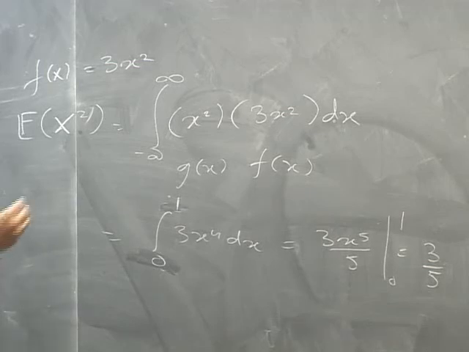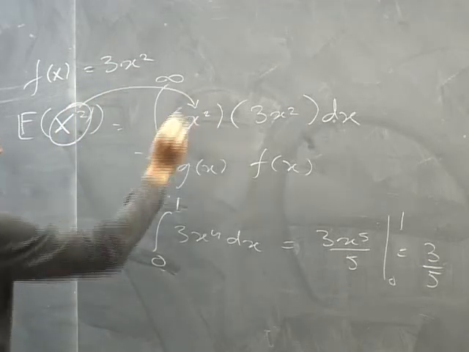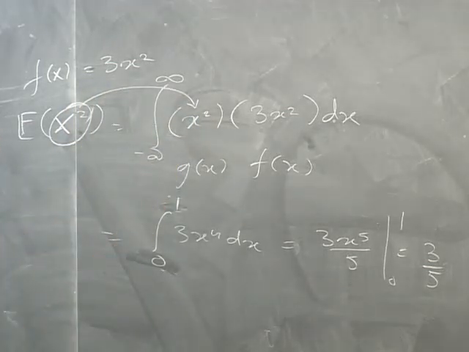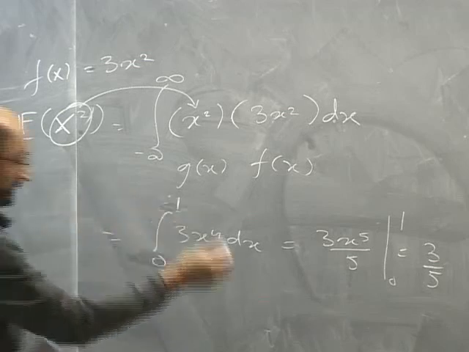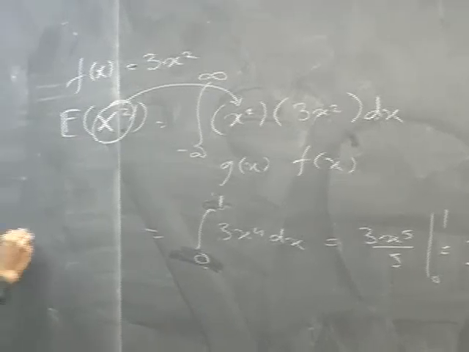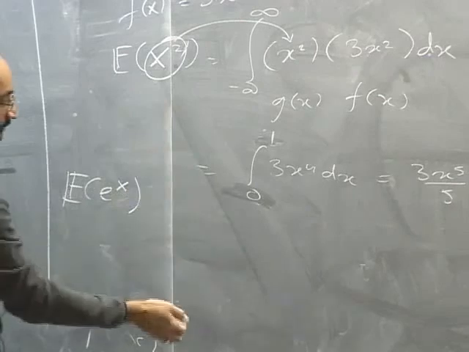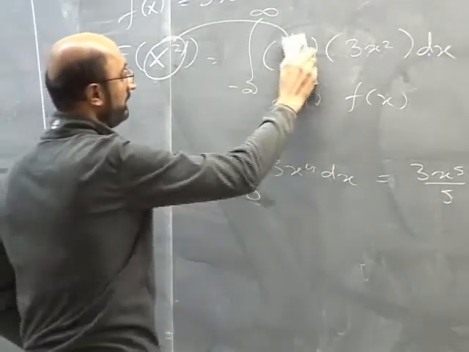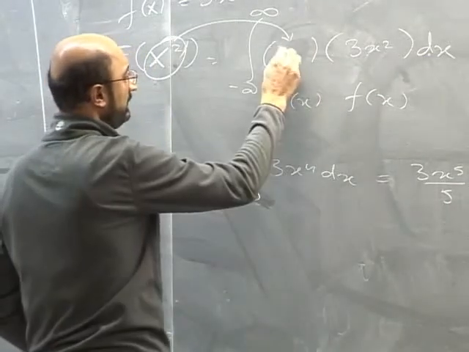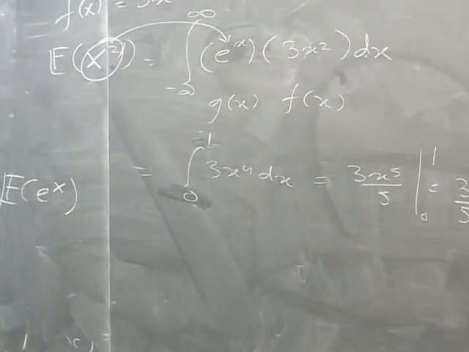The important point is that whatever function we have, x squared, basically goes there. That's all we have to do. So if it's the expected value of e to the x, for example, and I keep saying e to the x because that's how we do moment generating functions, the expected value of e to the capital X would be e to the x times 3x squared dx.